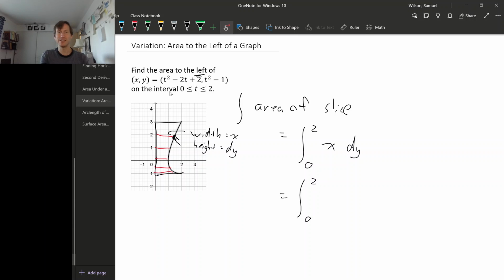Now that we have this integral written down in terms of x's and y's, we can switch to t's. So x is the x-coordinate function, t squared minus 2t plus 2. And then dy, remember dy is dy dt times dt. So dy dt is 2t, and dt is dt.